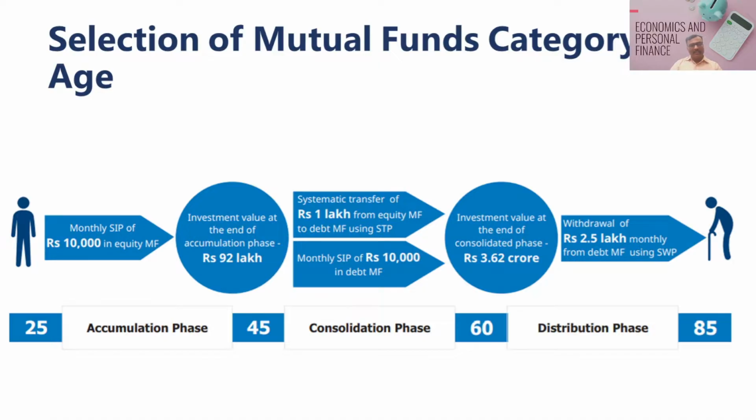In essence, by consistently investing 10,000 rupees monthly from age of 25 to 60, it is very much possible to withdraw pension of 2.5 lakhs per month after age of 60 or after your retirement. Here I am assuming very conservative returns like 10% for equity and 8% for debt. Actual returns are more than this.